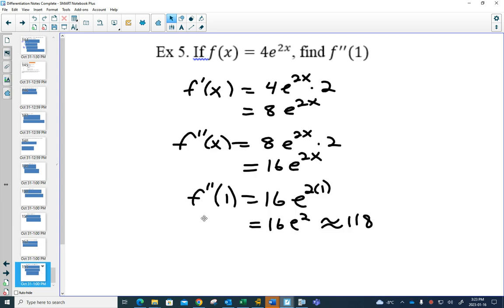I'll put it on the video. Perfect, there it is. The f double prime of 1 means you have to find f double prime of x, and once you've found it, then you plug 1 in for x. So I found f double prime of x to be 16e to the 2x, then f double prime of 1 will be 16e squared.